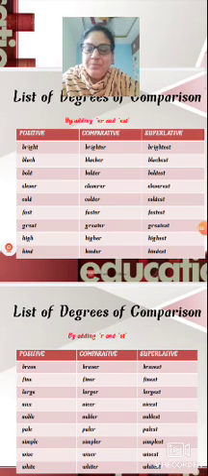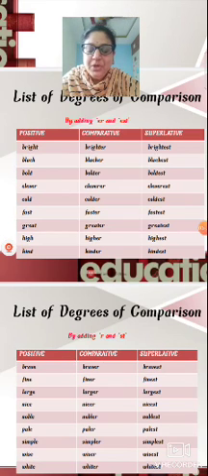Take a look: bright, brighter, brightest; black, blacker, blackest; bold, bolder, boldest; clever, cleverer, cleverest; cold, colder, coldest; fast, faster, fastest; great, greater, greatest; high, higher, highest; kind, kinder, kindest.